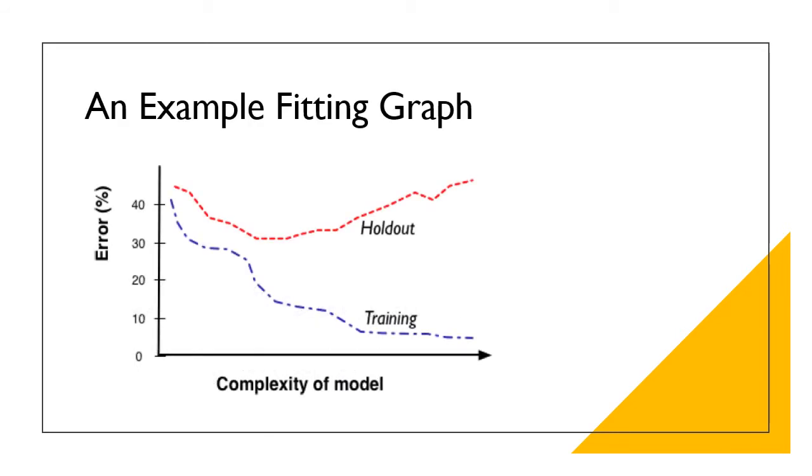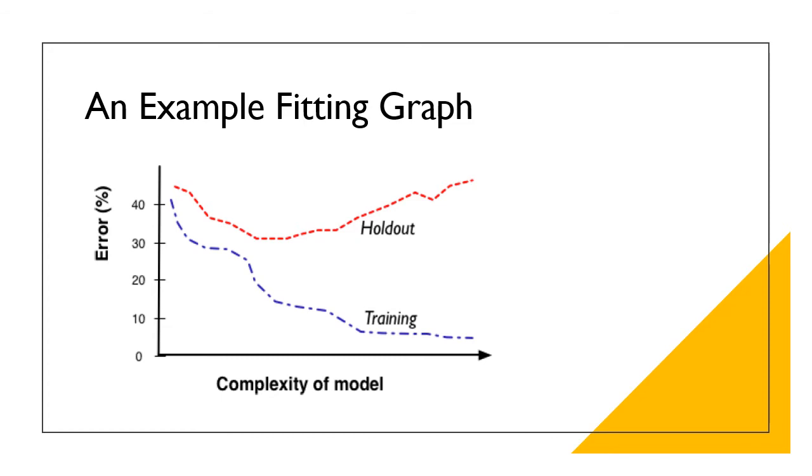A fitting graph shows the accuracy of a model as a function of complexity. Here we have a typical fitting graph. Each point on a curve represents an accuracy estimation of a model with a specified complexity, as indicated on the horizontal axis. Accuracy estimates on training data and testing data vary differently based on how complex we allow a model to be.